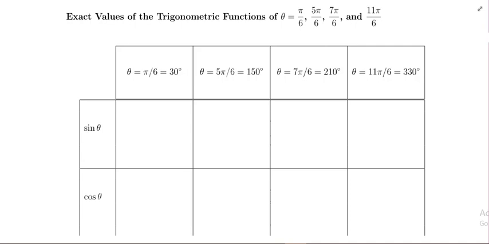We're going to go through these and talk about how you would find the 6 trigonometric functions of each of these angles. We're doing it this way because on page 4, we took the unit circle and came up with the coordinates on the unit circle corresponding to these 4 angles.